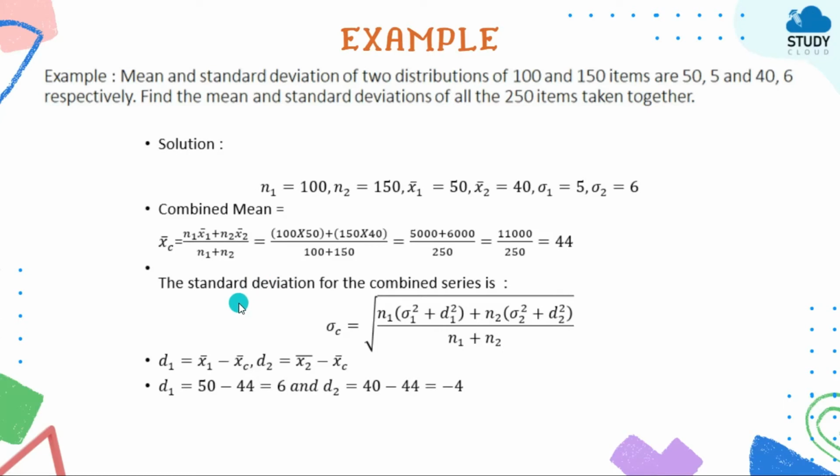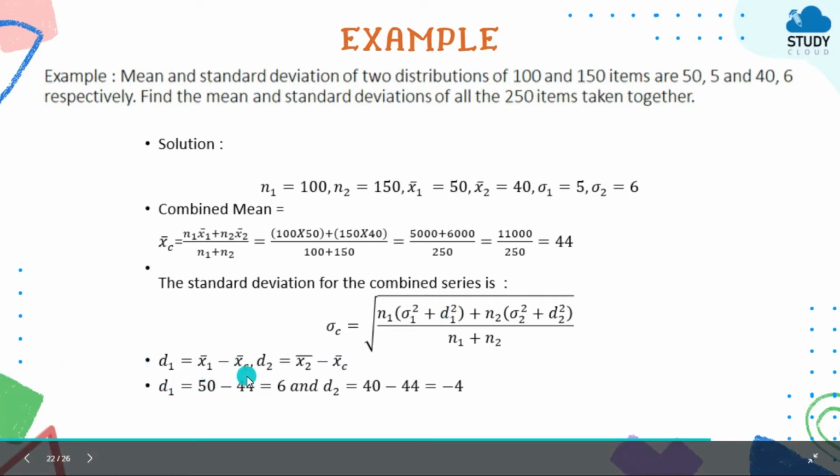Now you have to find the standard deviation for the combined series. So here the formula is, you have to just write the formula first. Now before solving further, we have to find the difference. So how to find the difference? d1 is x bar 1 minus x bar of the combined data. For d2, x bar 2 minus the combined arithmetic mean. So d1 is 50 minus 44, it will give you 6. d2 is 40 minus 44, it will give you minus 4, sign of the greater number.